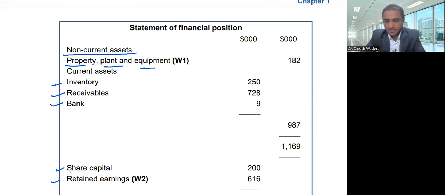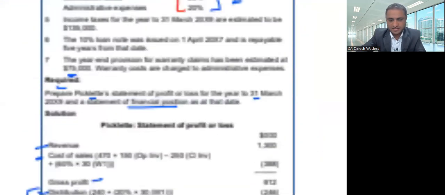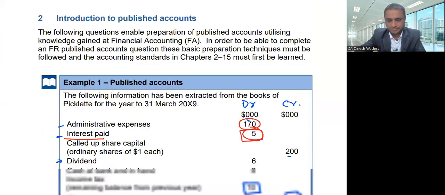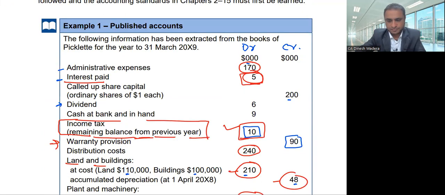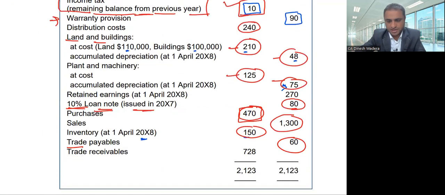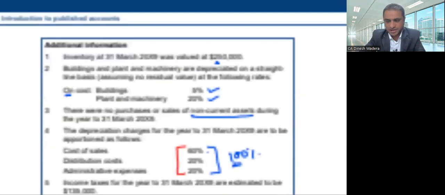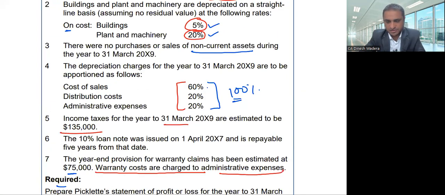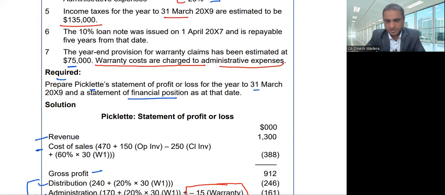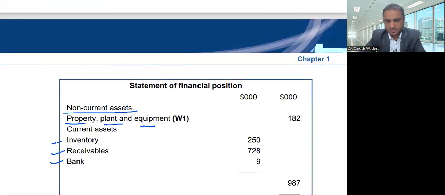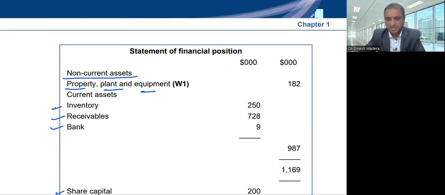Current assets are trade receivable, inventory, and bank. Bank. This will not come, okay? This is the opening balance. 728, no adjustment. Distribution, nothing. 250 and bank without any adjustment. All right, mention it there.